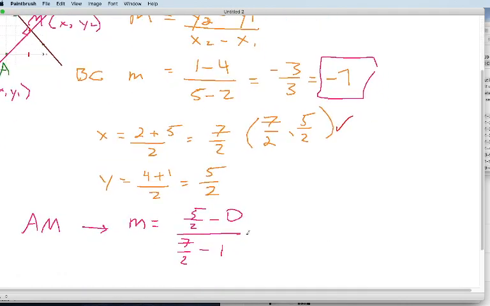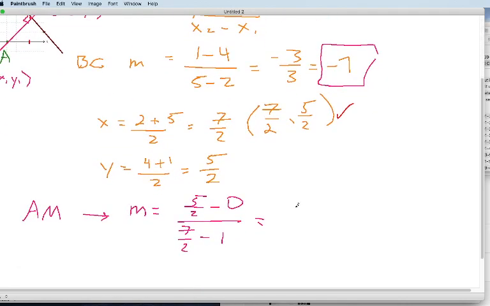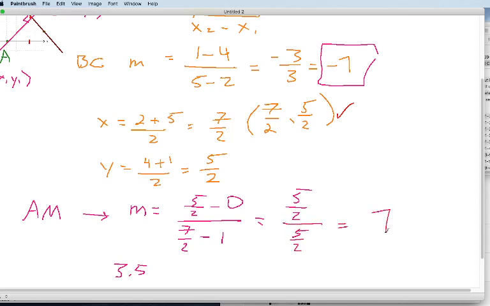So minus 1. And if we do that, we end up getting 5 over 2 on the top. And if 7 over 2 is 3.5, remember as a decimal, 7 over 2 is 3.5. If we subtract 1, we get 2.5, which is the same as 5 over 2. And ta-da, our gradient is 1.